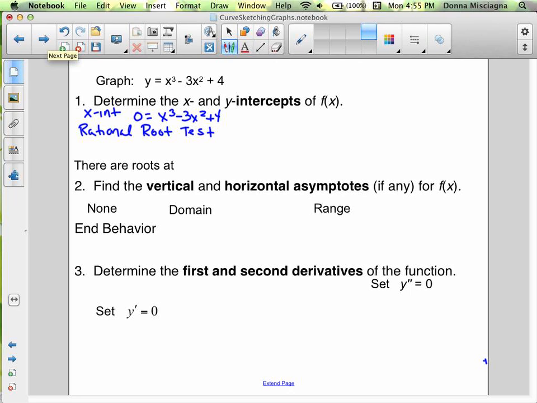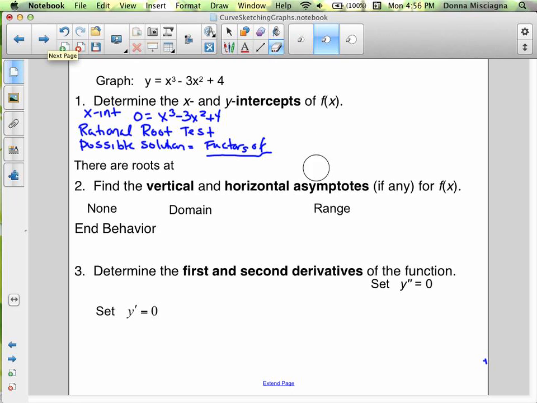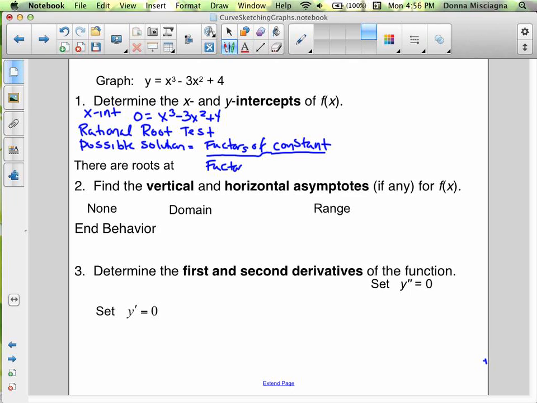All right, so rational root test, possible solutions are the factors of the constant, which in this case is 4, divided by factors of the leading coefficient.